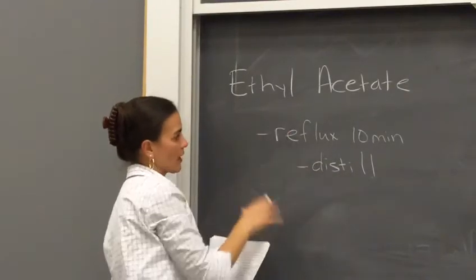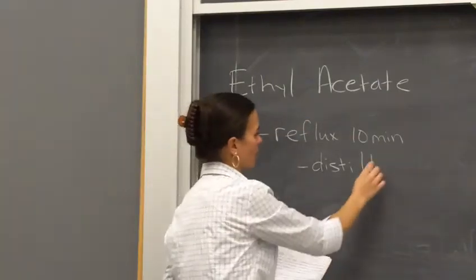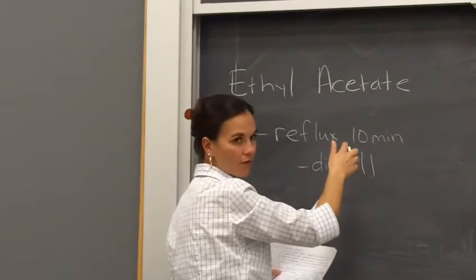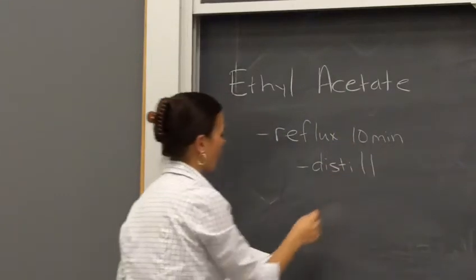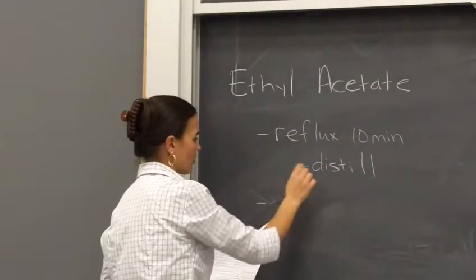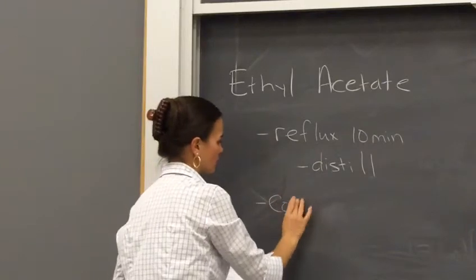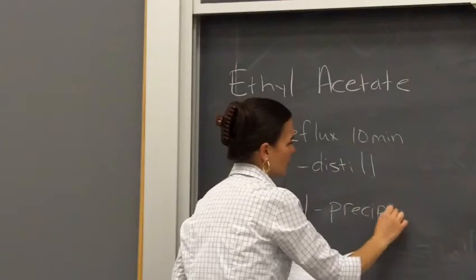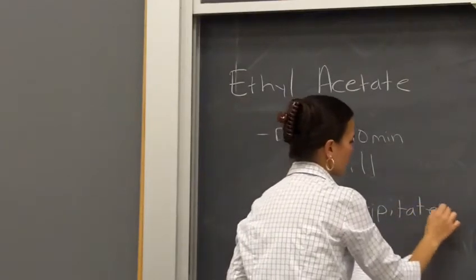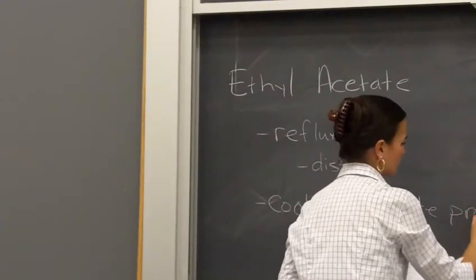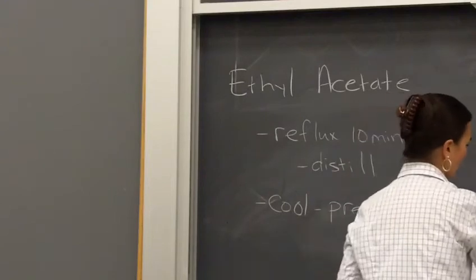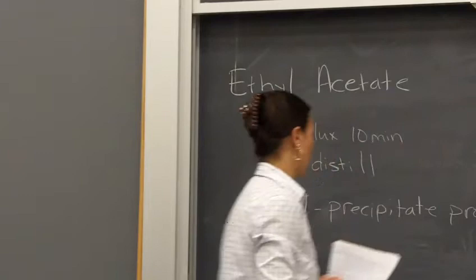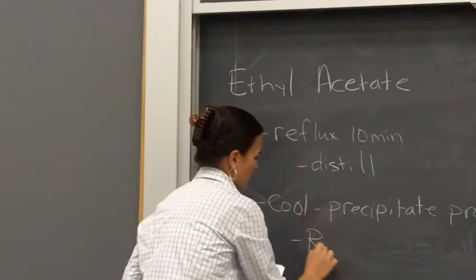Okay, it takes a little heat to make it happen, but you're going to reflux, then keep it hot and just convert it right over to a distillation, and then you're going to cool and precipitate the product with hexane, and then you're going to do a recrystallization.